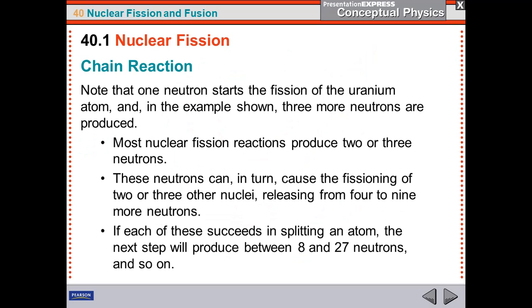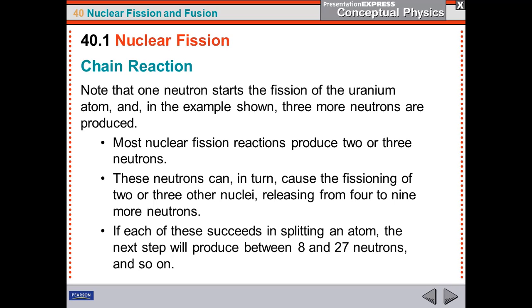Before that, you learned in the previous part that one neutron starts the fission of the uranium atom, and in the example you saw three more neutrons are produced. Most nuclear fission reactions produce two or three neutrons. These neutrons can in turn cause the fissioning of two or three other nuclei, releasing from 4 to 9 more neutrons.